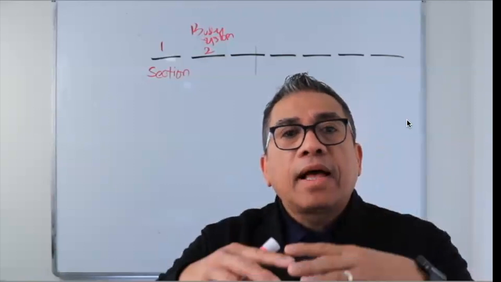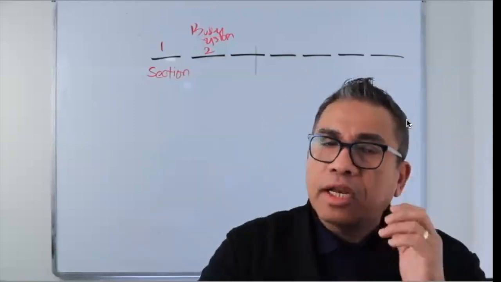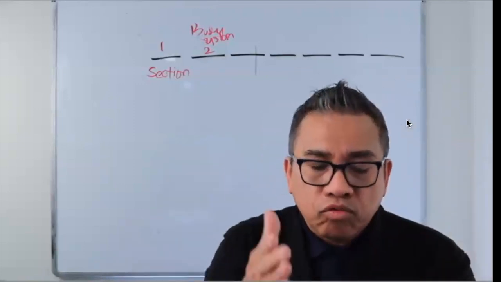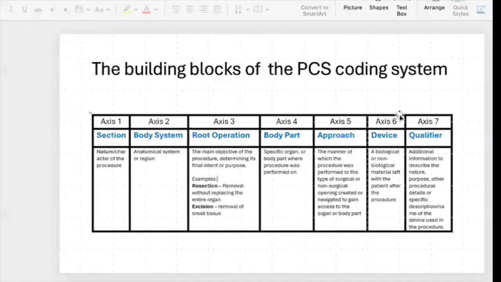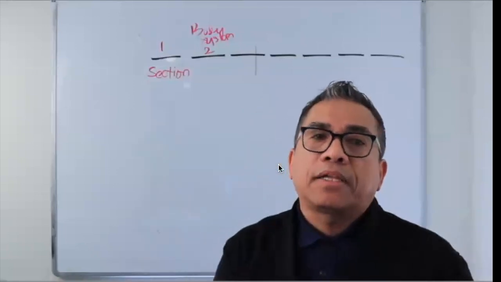So now I think you guys have a better understanding of what a root operation is. Root operation, let me go back here, is the main objective of the procedure, determining its final intent or purpose. Okay? Now, let's go to number 4. Number 4 here, a body part. I don't have to explain what a body part is. Everybody knows what a body part is, okay?